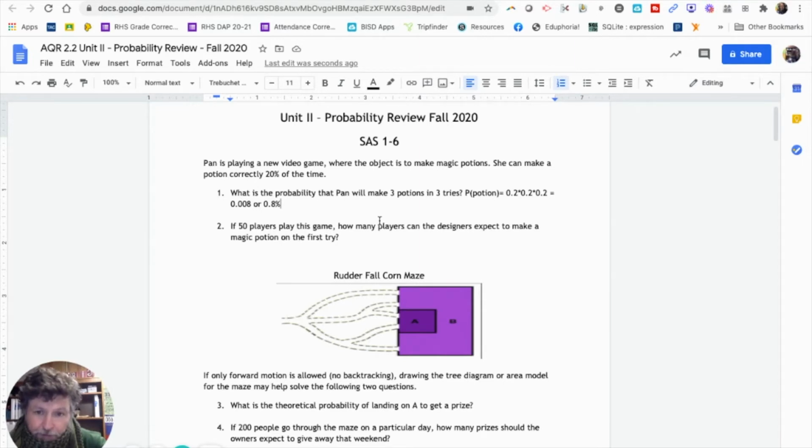So if 50 players play this game, how many players can the designers expect to make a magic potion on the first try? Well, it's a 20% probability to make a potion correctly. If 50 players play, then 20% of those 50 players will actually get it.